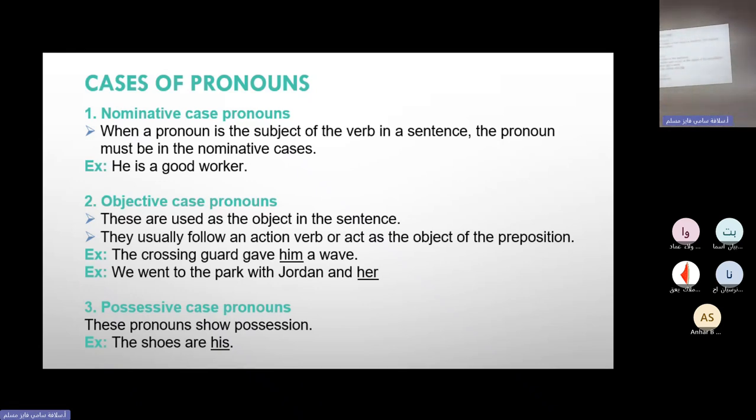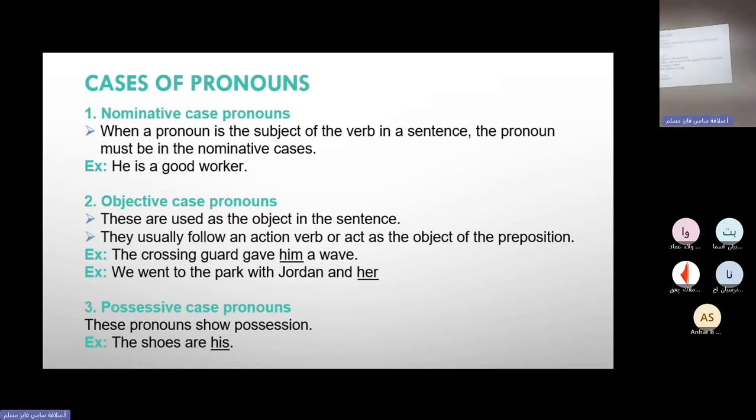يعني هذا شو؟ her هي. راحت على البارك مع جوردن وهي. رحنا مع مين؟ مع جوردن وهي. ذهبنا معهما بالعربي. ذهبنا مع جوردن ومعها. غيري her لميري.